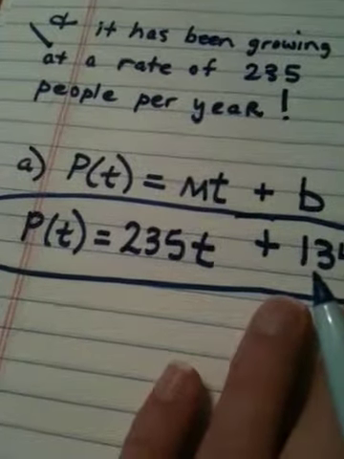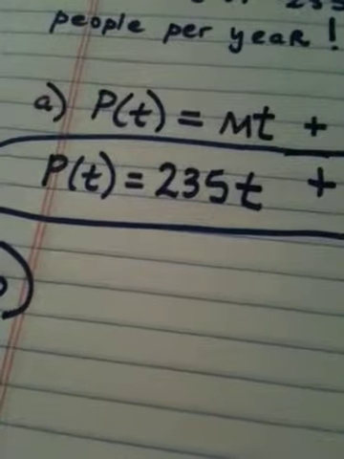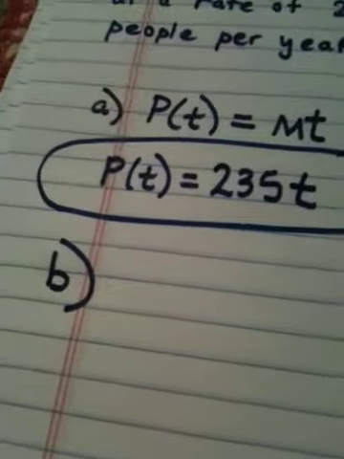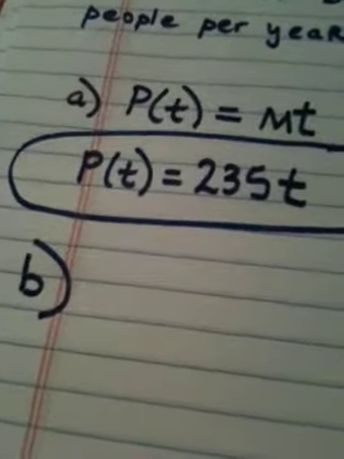Okay, part B wants to know, if the town continues to experience this linear increase, assuming that this model perpetuates, sometimes it changes, what will the population be in 2006? Well, let's think that through. In 2006, what we have to think about is that time starts in 1990.